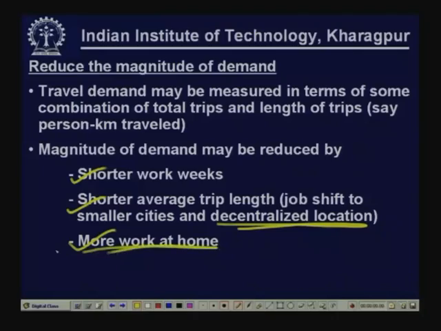More work at home, this is also a feasible option, because with the development of computers and networking facilities, many things can be done at the home end also, and that can substantially reduce the overhead cost for physical facilities. A big office in a very expensive area where the rental is very high, a smaller office can be there, but the productivity can still be comparable.